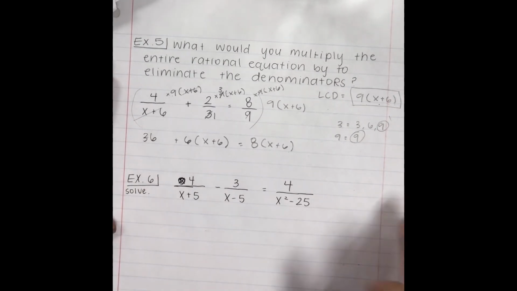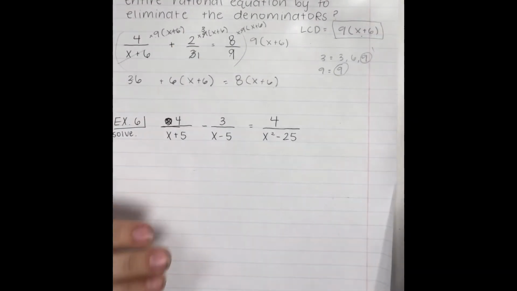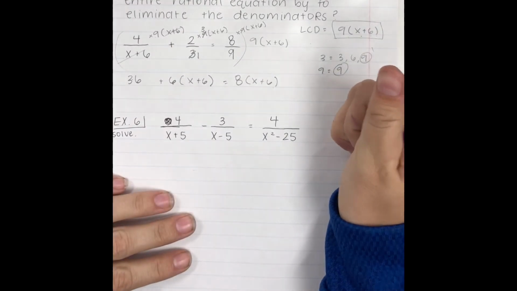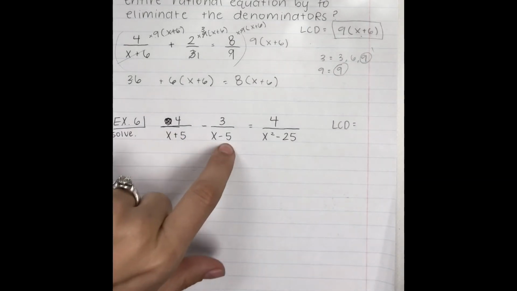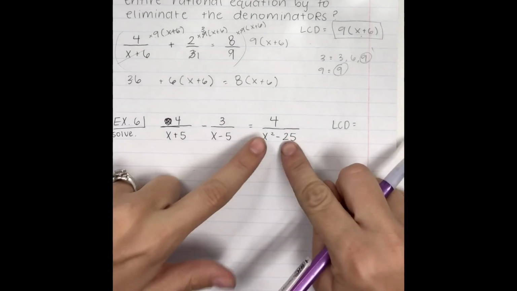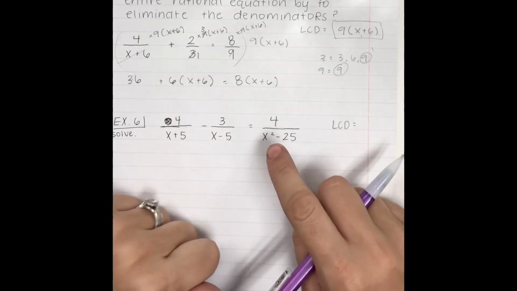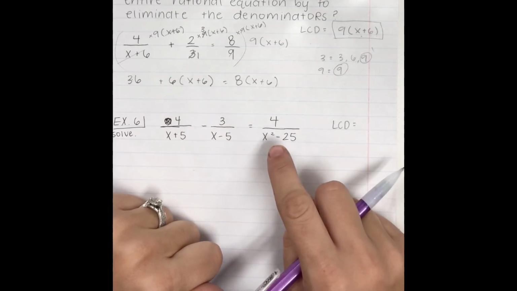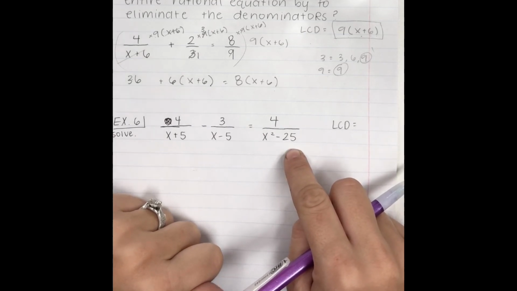Okay, so to start, I first need to figure out my LCD. So I have an x plus 5, an x minus 5, and an x squared minus 25. So I would want to factor this, okay? When I have two terms, and one is an x squared minus, and I know the square root of that number, this is difference of squares.